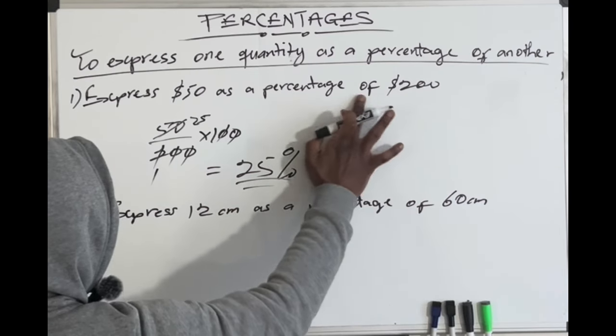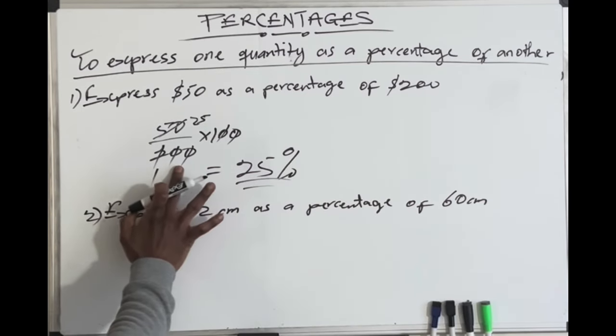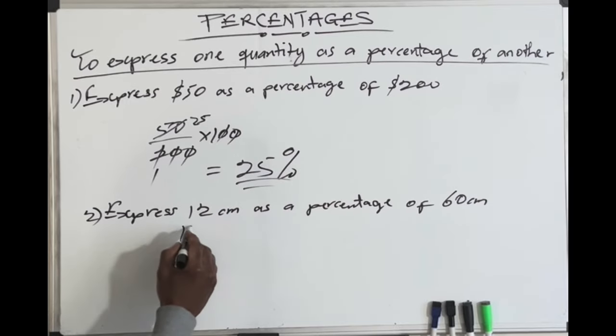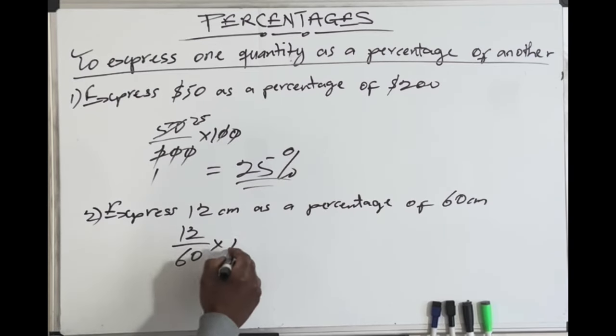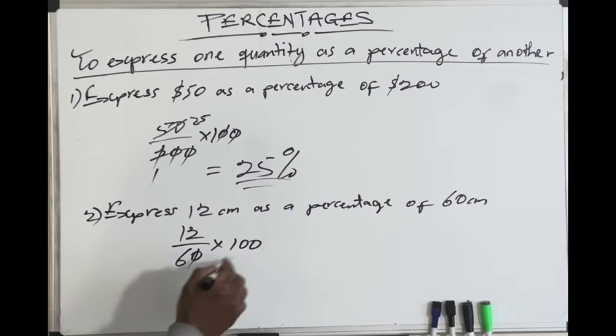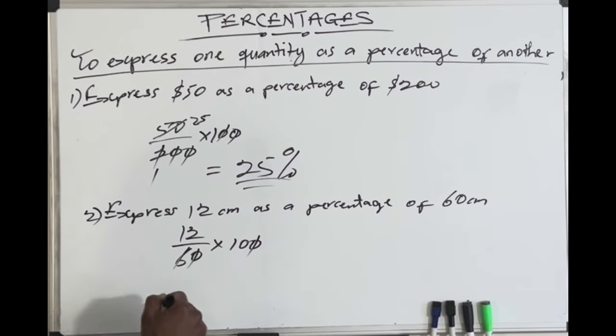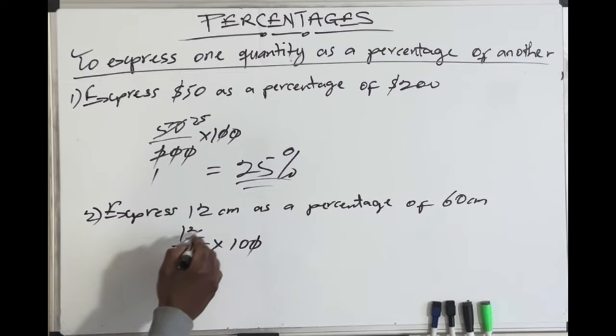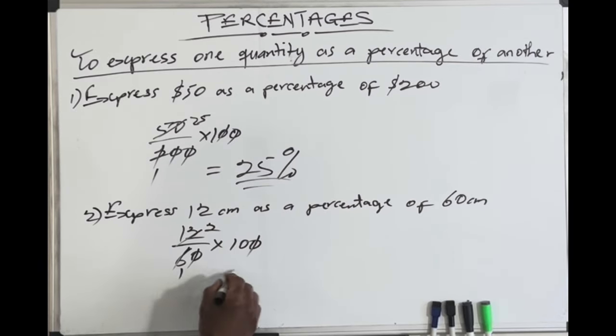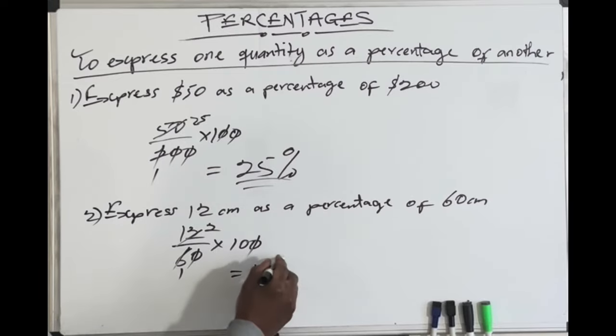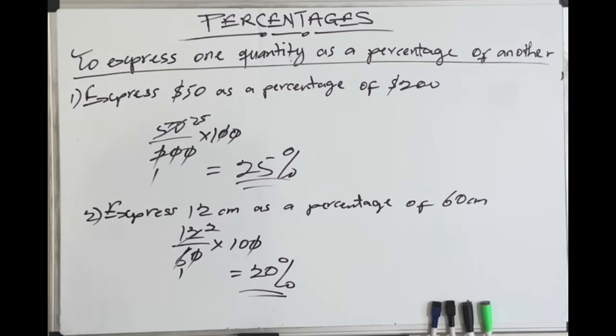That is why 200 became the denominator. So the same way, 12 over 60 times the percentage we are expressing it. Okay, so 0 cancels 0, 6 goes here, 1 goes here, 2. Okay, so we have 20 as a percentage, so 20%.